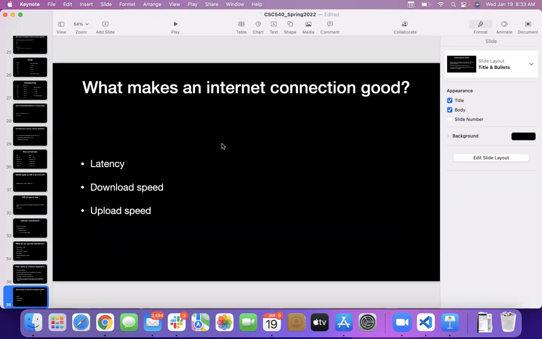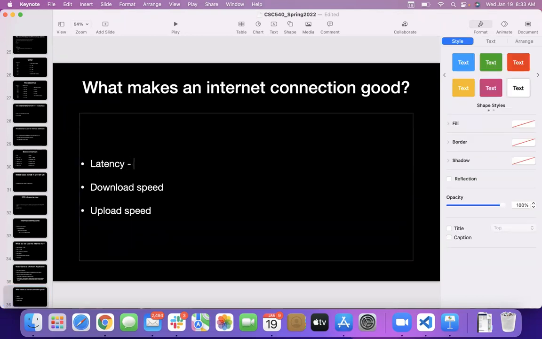Okay, but when we talk about what makes an internet connection good, we really need to measure it in 3 different ways. All right, so latency, this is a big deal for gamers. Especially, and this would be a good difference between a Call of Duty and a Demio, if I'm playing this tabletop Dungeons and Dragons type game with some of my friends in VR, latency is less of a huge deal, right?